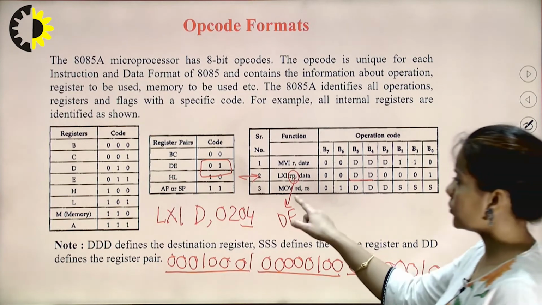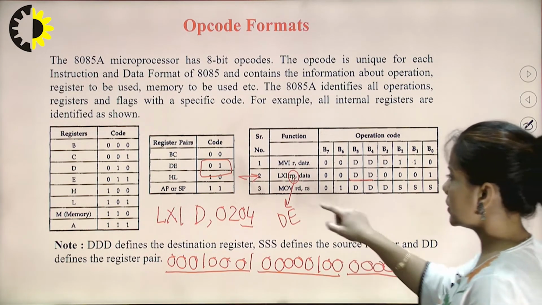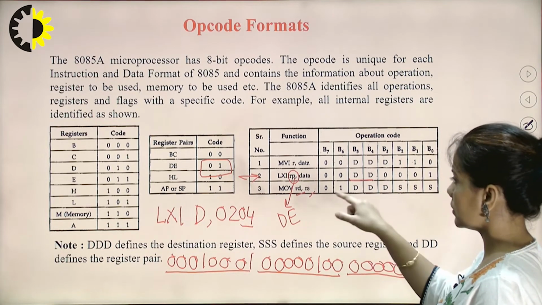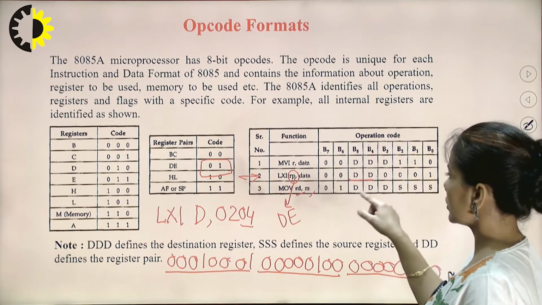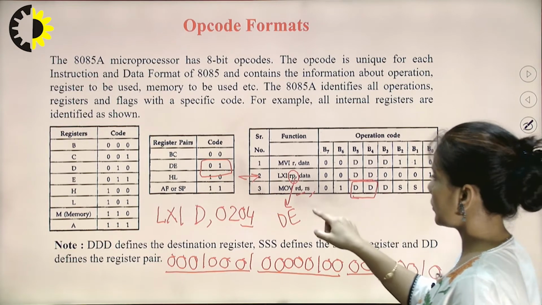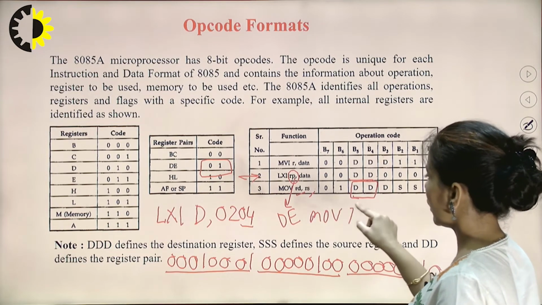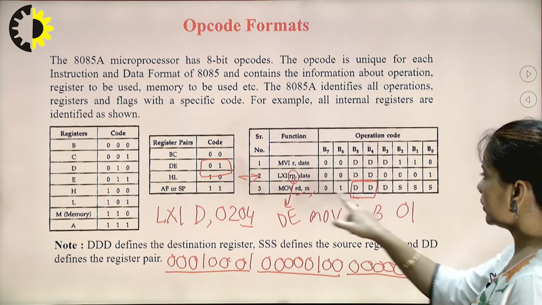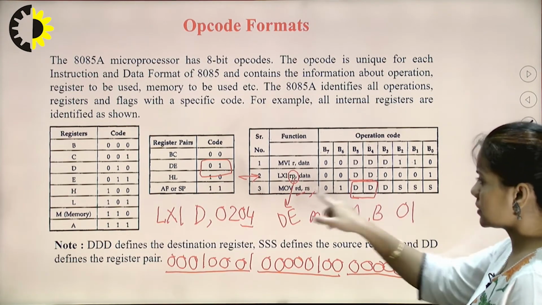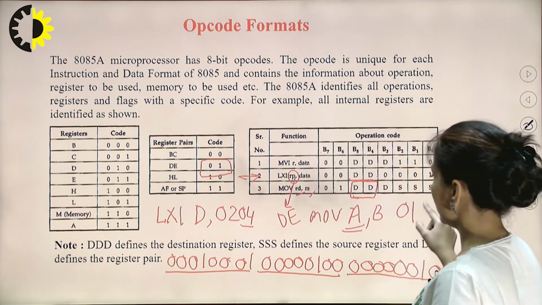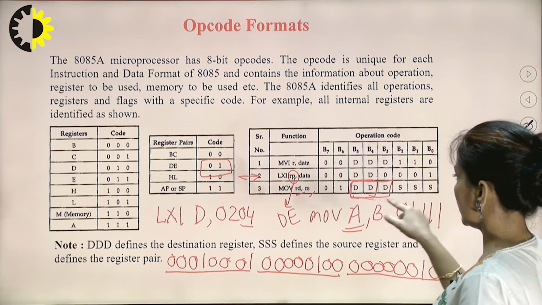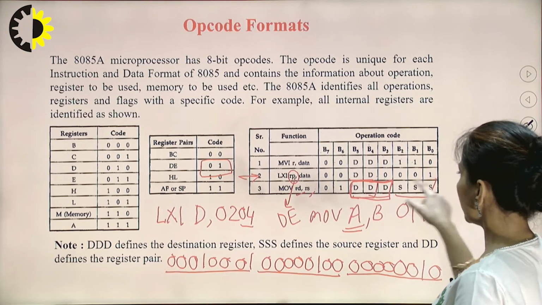And similarly for MOV Rd comma Rs, suppose this is destination register and this is source register. Suppose I give you MOV A comma B. So what will be the format? It starts with 0 1, then 3 bits for destination and 3 bits for source.